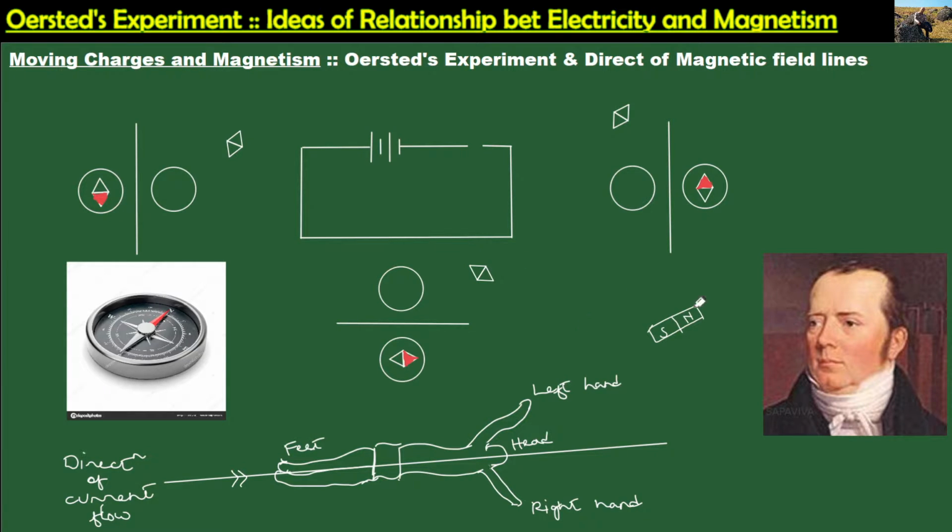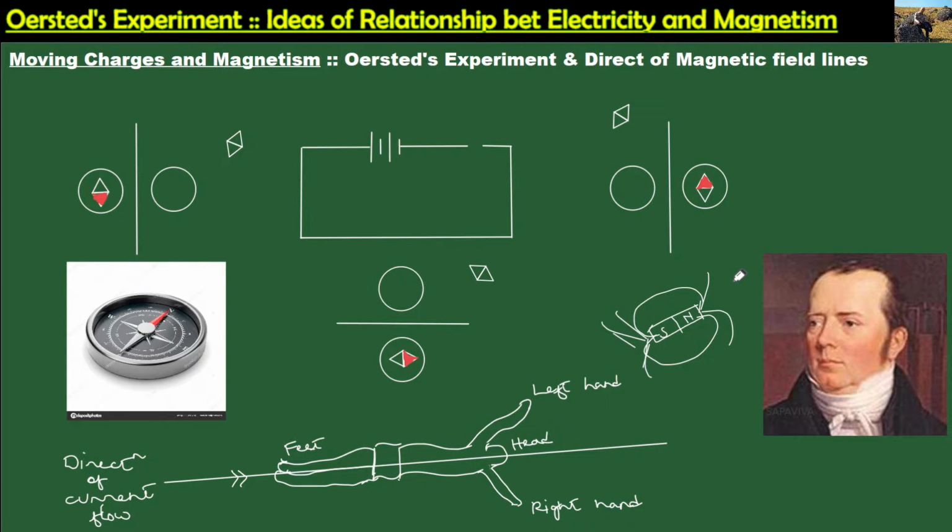Apart from that, this magnet will also have magnetic field lines associated with it. Let these be the magnetic field lines produced by the magnet.